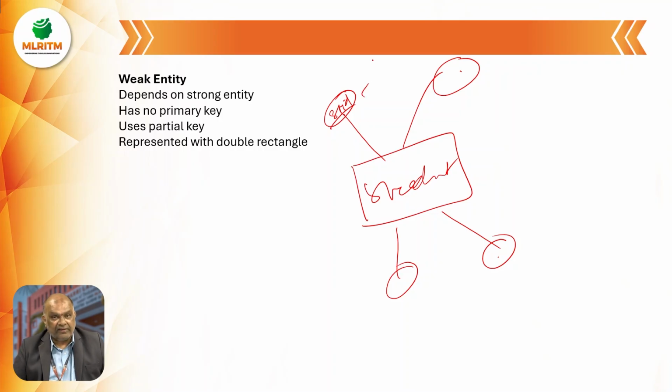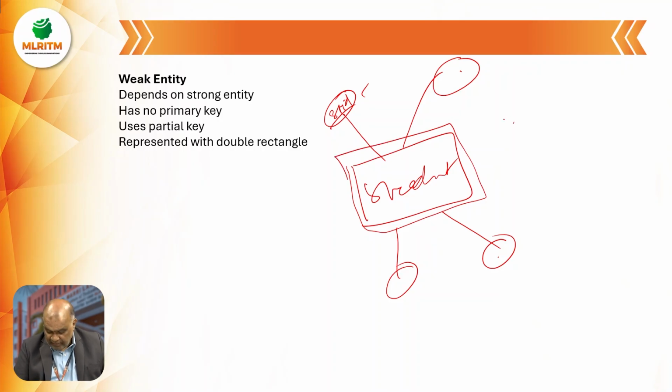So a weak entity is that entity where there is no primary key defined. And also it uses the partial key. Partial key, how is it going to be used? It uses the partial key of the other particular entity. So this is weak entity which is represented with a double rectangle.